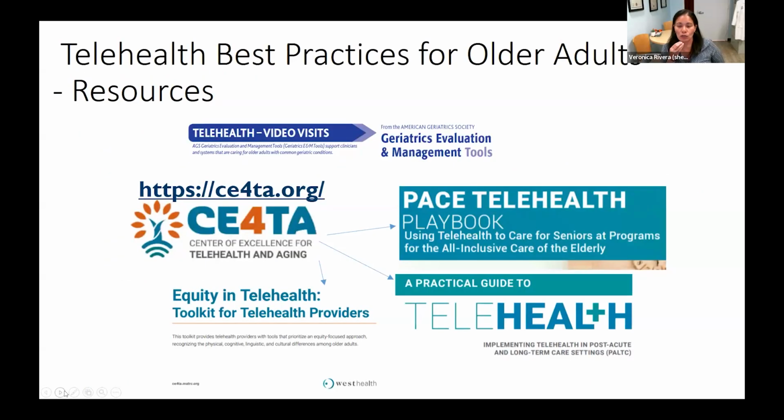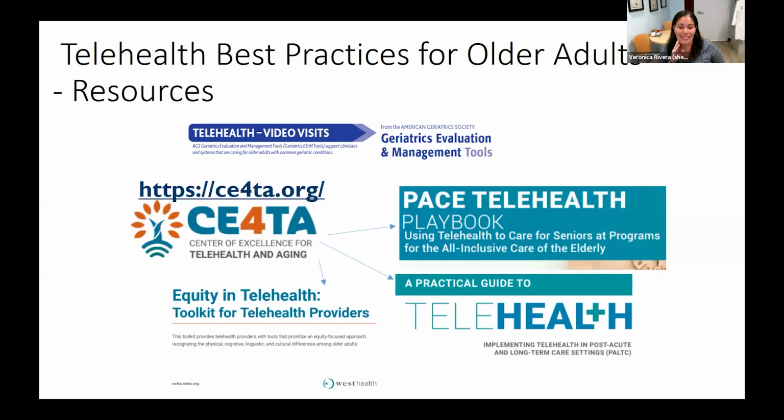And I do want to share, there are some additional resources online that you might want to look at for telehealth best practices for older adults. So up here, I did reference in the talk earlier from the American Geriatrics Society, the Geriatrics Evaluation and Management Tools, or GEMS. They do have a nice tip sheet on doing telemedicine or video visits for older adults.